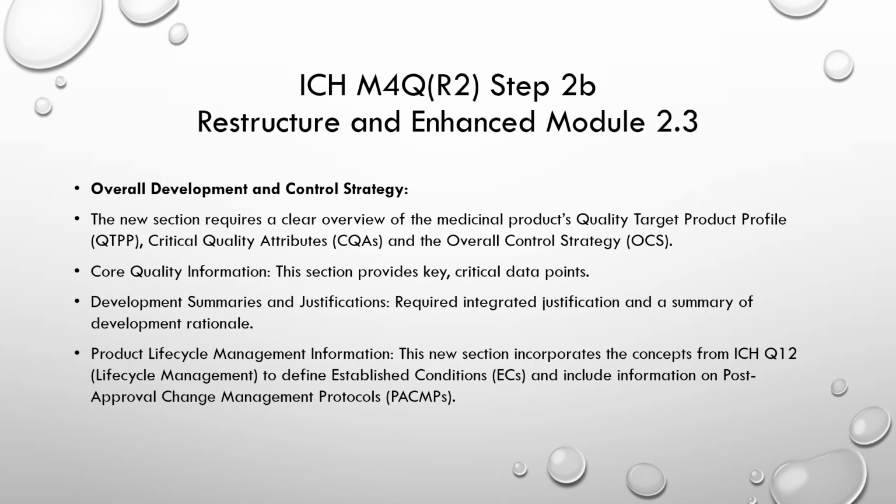It would have been submitted as part of your regulatory variation submission, but I don't think your CTD section was actually updated. I haven't done one for such a long time, so I'm not sure. But now that is going to be incorporated and your change management protocols will be included. So I think it's an improvement, and it makes everything transparent between the marketing authorization holder and the regulators.